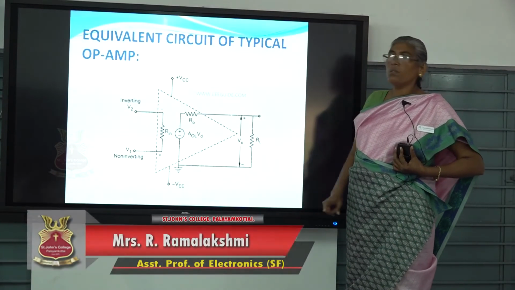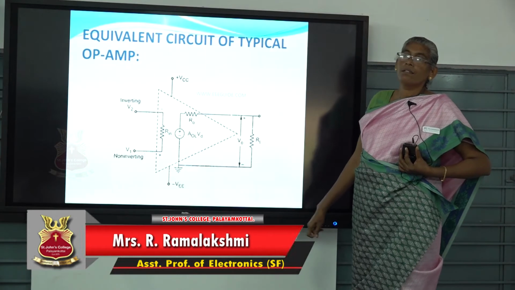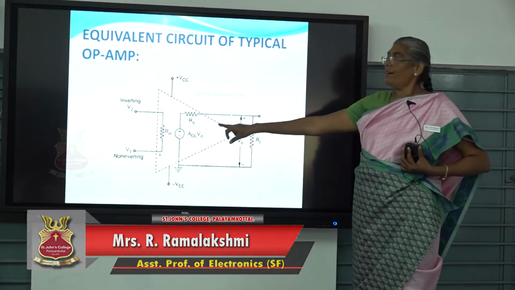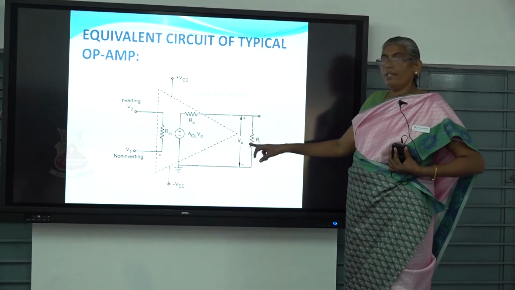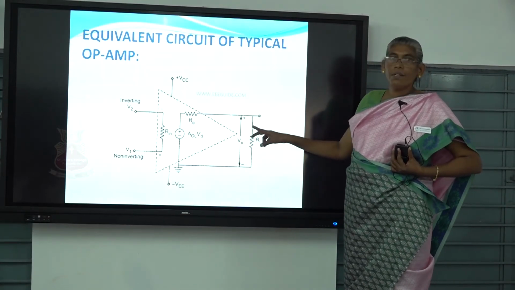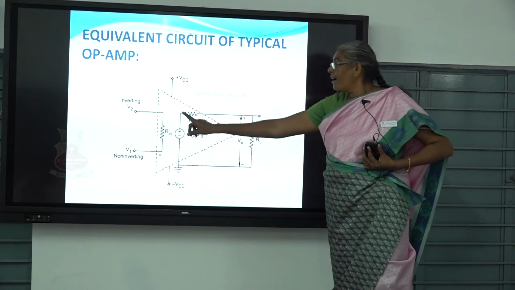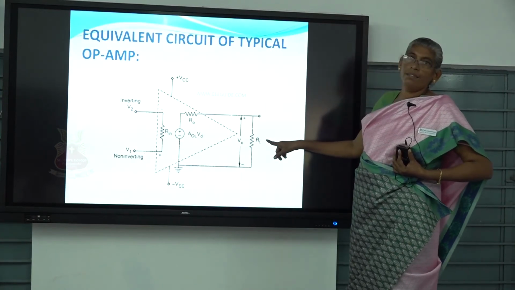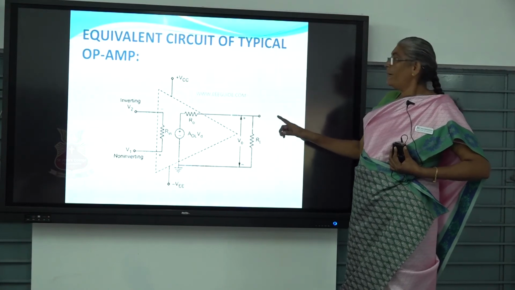Which ones are the op amp parameters? RIN, R0, RL. These are the parameters.